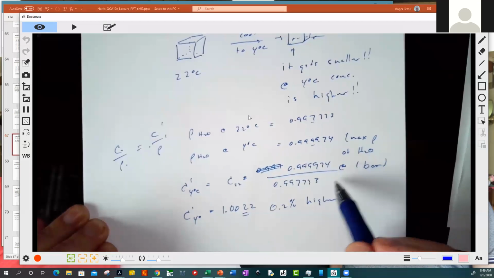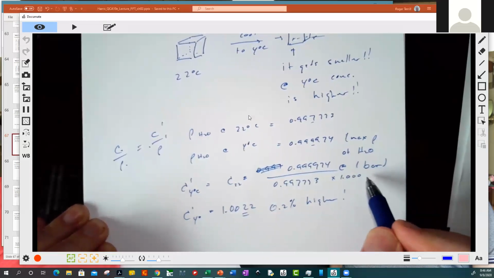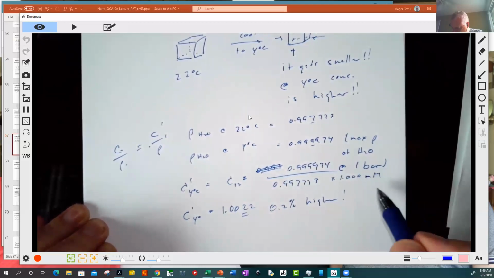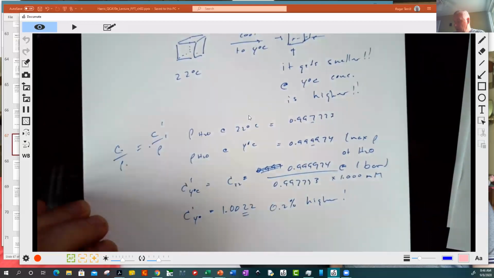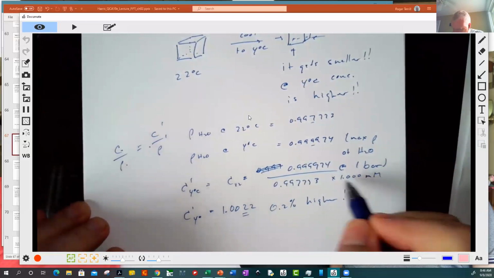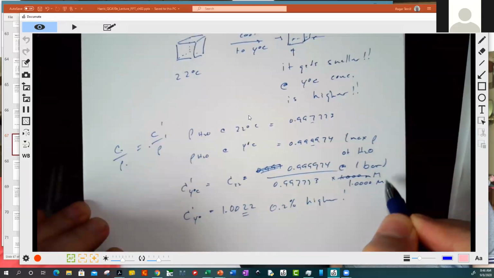So this is 1 times 1.00. I guess that's millimolar. Okay. So, all right, that's molar.